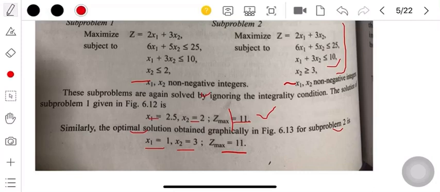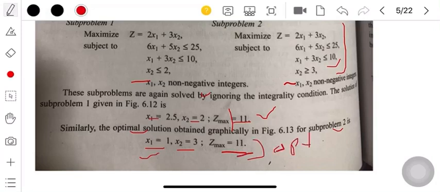Okay, so one most important thing is that the value cannot be less than 11. Because once we have reached x1 equals 1, x2 equals 3, z max is 11, and this solution is optimal.